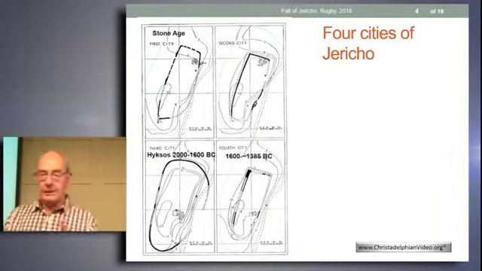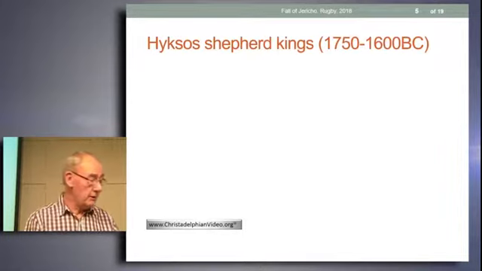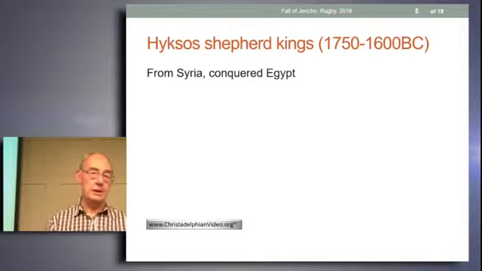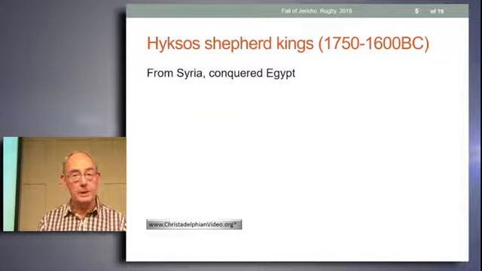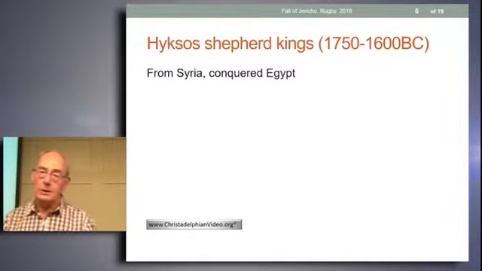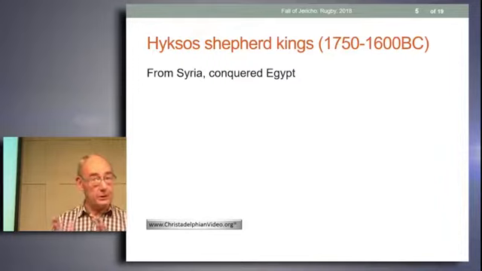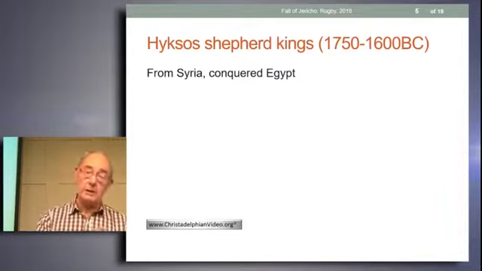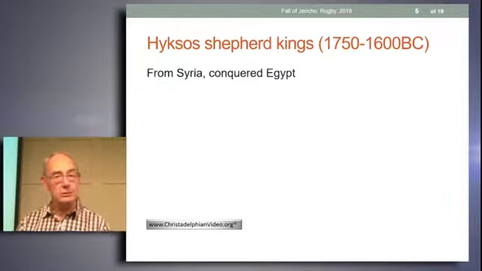I said we'd say a little bit about these Hyksos shepherds. They came from Syria, and they were, as the name implies, shepherds, and they actually conquered Egypt. And so at the time when Joseph and his family, 70 souls who moved from Israel into Egypt, were there, Egypt was actually ruled by these foreigners, these Hyksos shepherds.